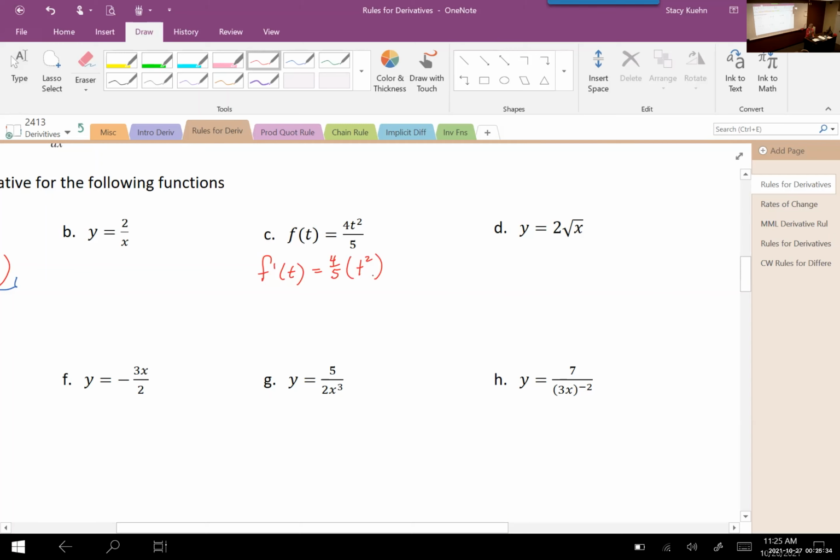Pull that constant out. So now I have 4/5 times 2t when I take the derivative, or in other words, 8/5 times t. I wanted you to see that I had a constant there, so I can just separate those out like that.